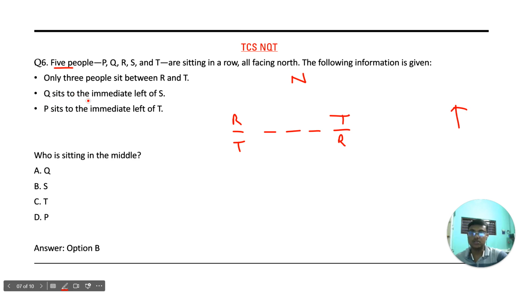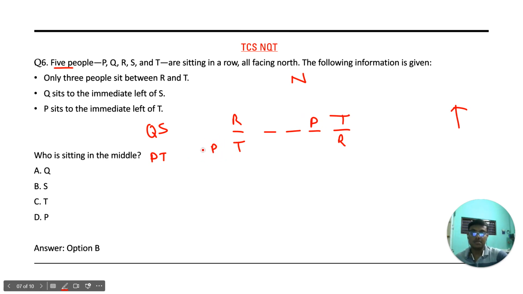Now Q sits to the immediate left of S and P sits to the immediate left of T. So P sits to the immediate left of T. Now, if we see the two arrangements, P can sit here in this arrangement and here for this arrangement.